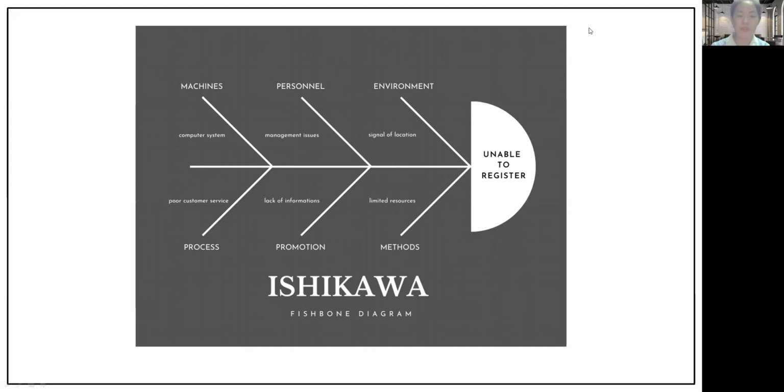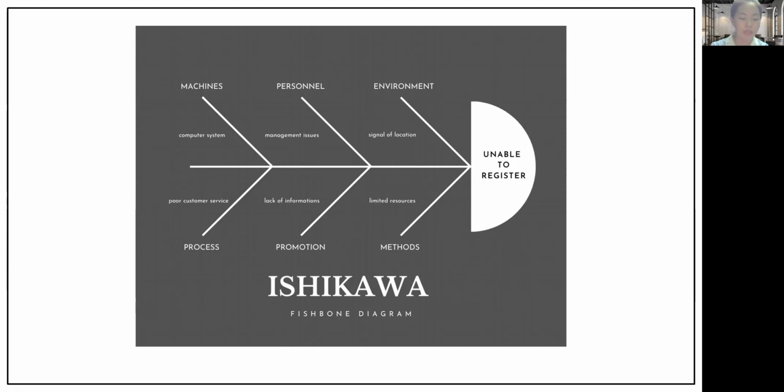Under the machines, we have the computer system. The computer system in the enrollment part of the online process is a vital factor for the registration to have a stable system that will cater to all the data and all the tasks of the given entity.